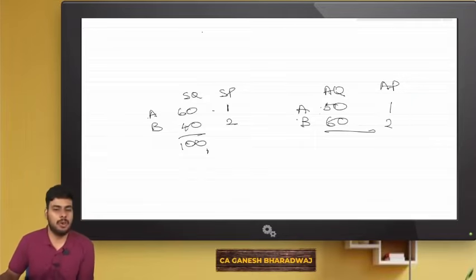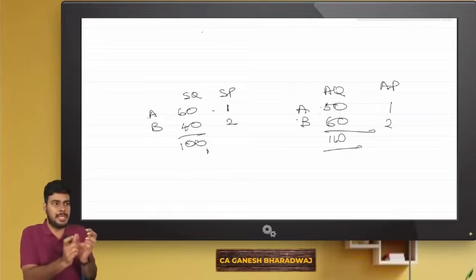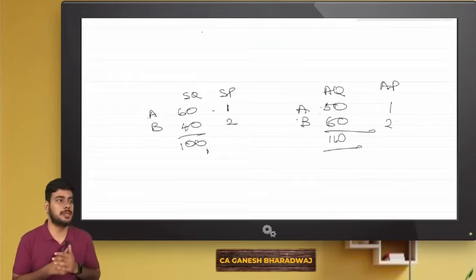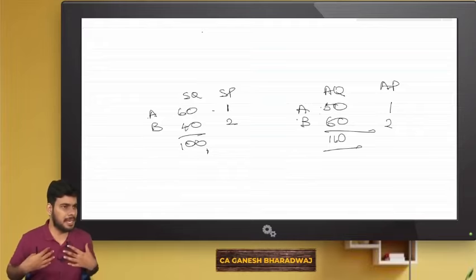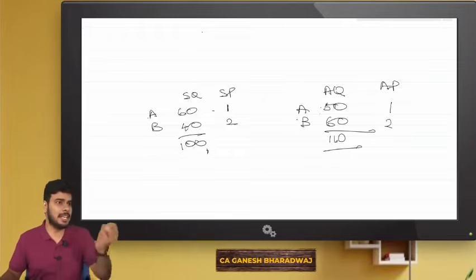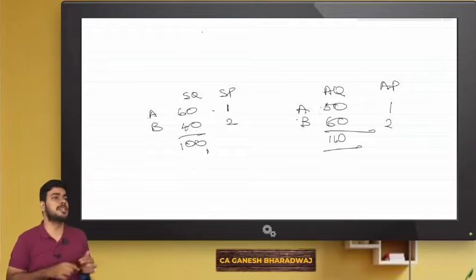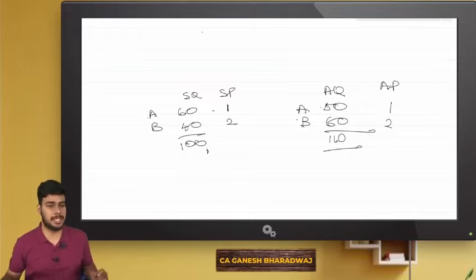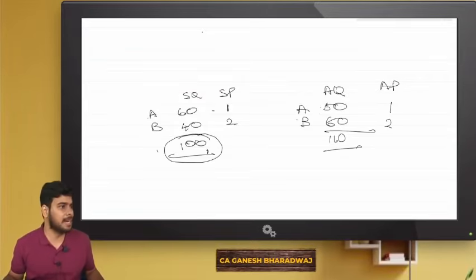Overall how many units have they consumed? 110. Now you tell me, will there be a variation on the usage side? Definitely yes. But this will happen because of two reasons. What are the two reasons, sir? First reason you guys know, as against the 100, they have consumed something more.